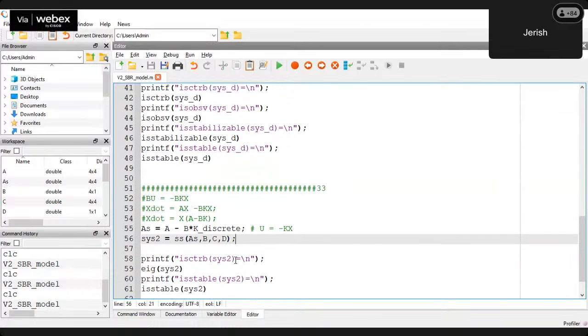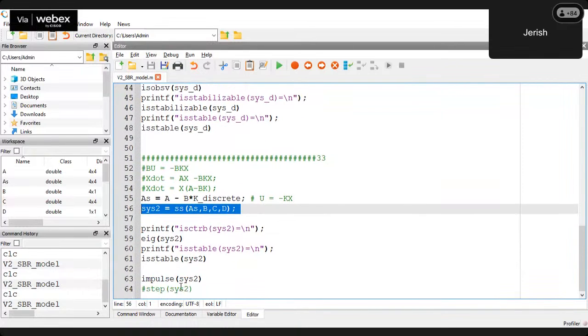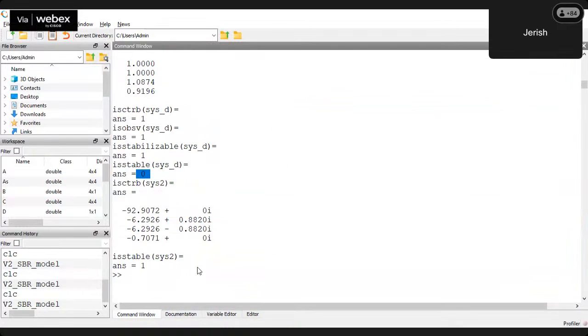Now the new state space system that we get is a system after applying LQR control, which means it should be stable. So let's check if it is stable or not. The system we represented by sys2, and if we see over here, this system is stable. The stable function over here gives a true result for that.